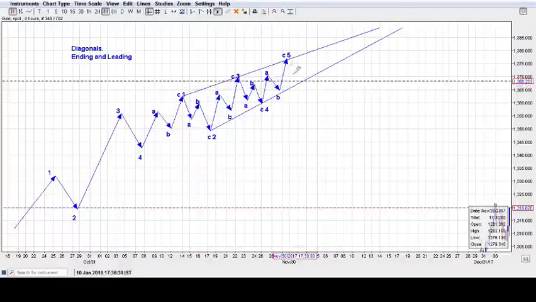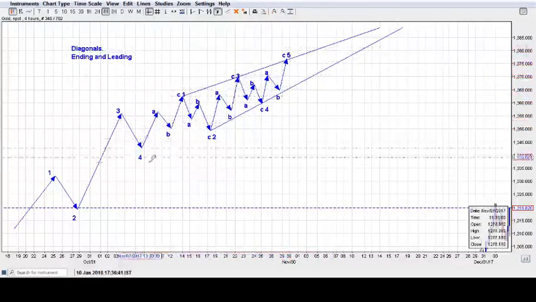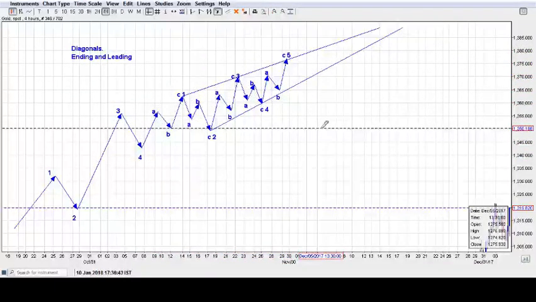Can you identify the shape as a diagonal? It's not parallel. Most of the times you may find contracting diagonals. Sometimes you may find expanding as well. In very rare cases, it's like parallel to each other.